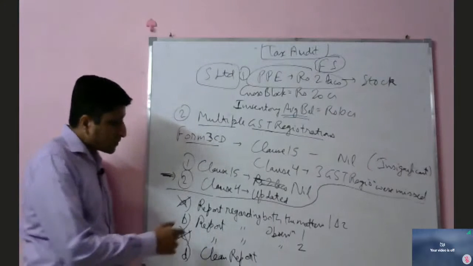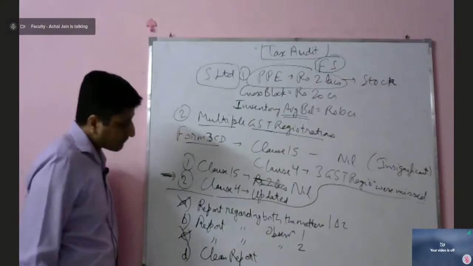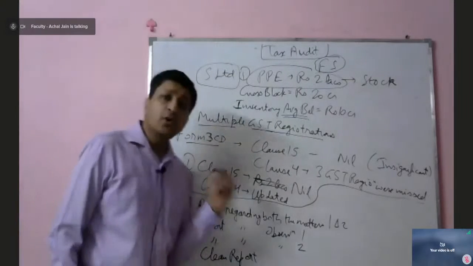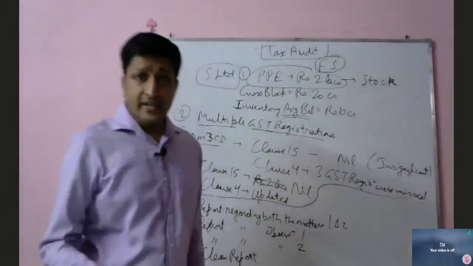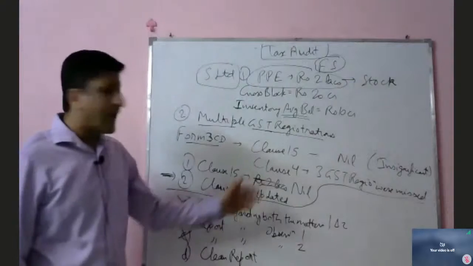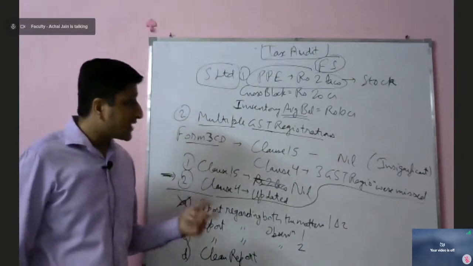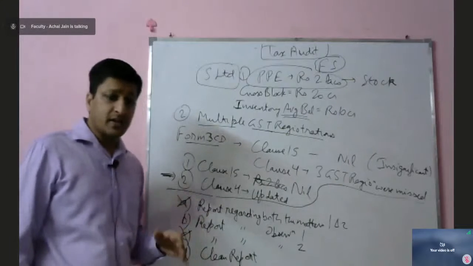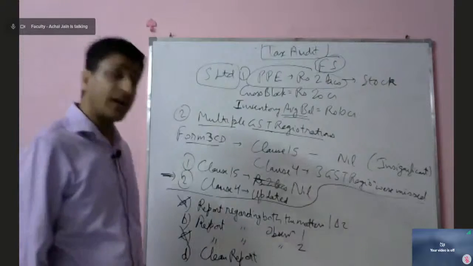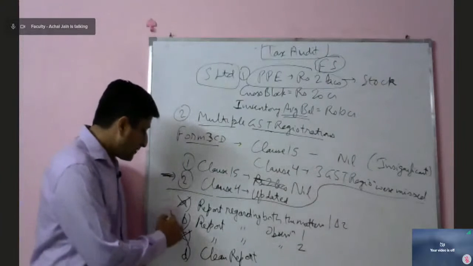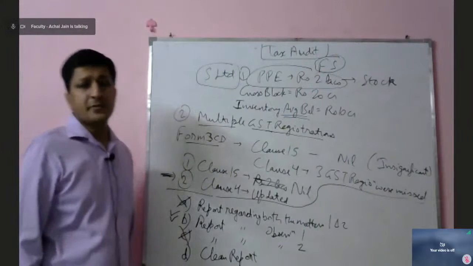Point number B says report in respect of clause number 15, which says that 2 lakh is reportable, and to say whether that is significant or insignificant will not be really relevant in the context of the audit, which is correct. So B seems to be the right option.